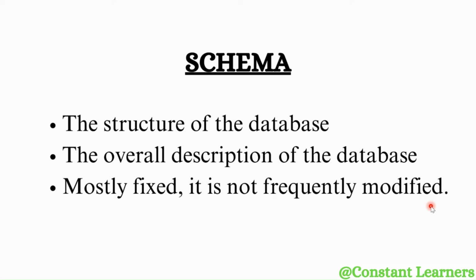Once a building has been built, the structure stays constant for years and years, unless some modifications are required. Maybe adding some chairs or tables to a classroom, maybe adding, let's say, a smart board to a classroom. All of these changes may happen once in a while, not frequently. So that is a schema. Schema is the structure of the database, the overall description of the database, which is mostly fixed and not frequently modified.